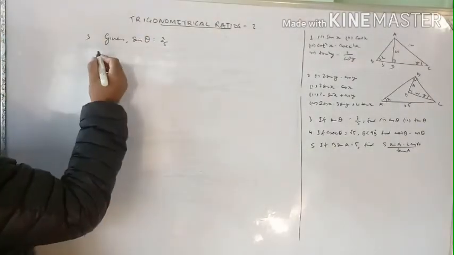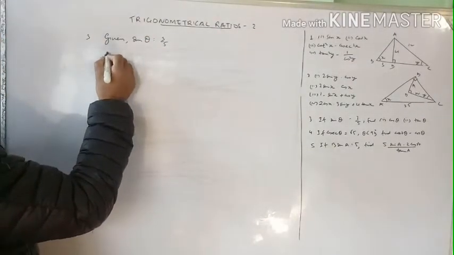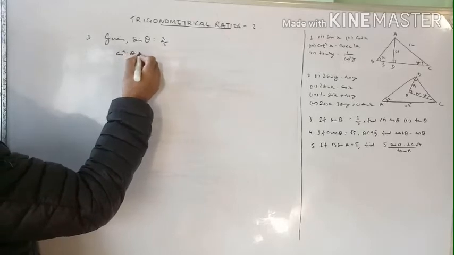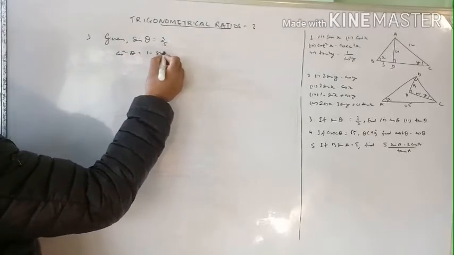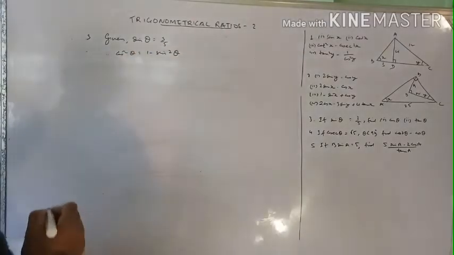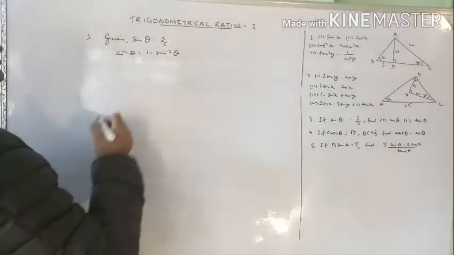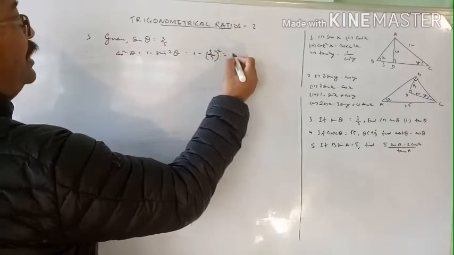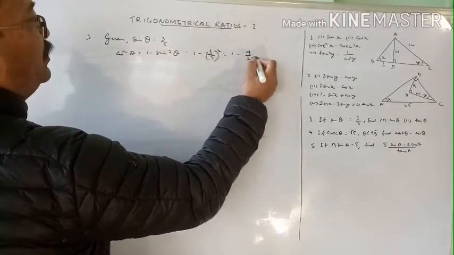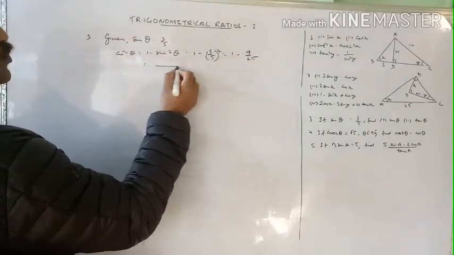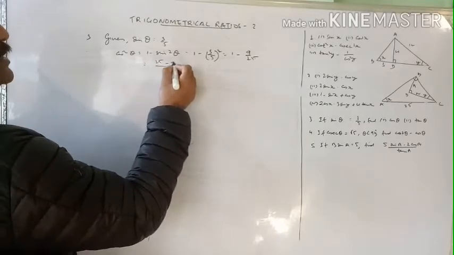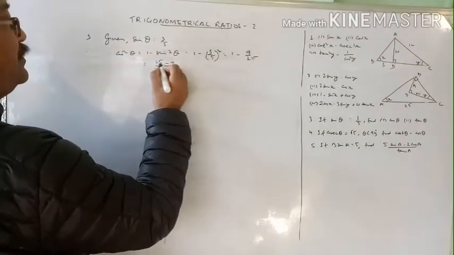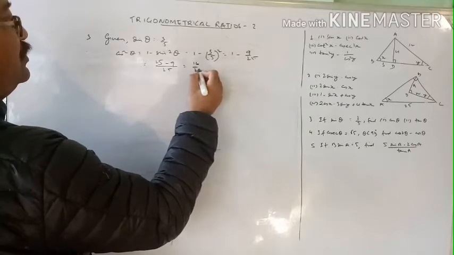So here sin theta, you know cos square theta equal to 1 minus sin square theta from square relations. So that is 1 minus 3 by 5 whole square, that is 1 minus 9 by 25. If you take LCM, 25 minus 9, because 25 into 1 is 25, so that is 16 by 25.